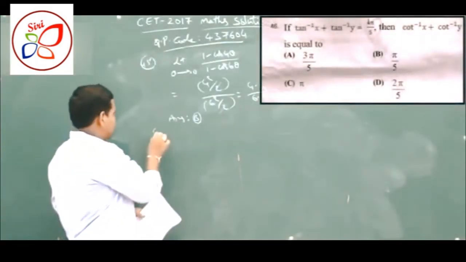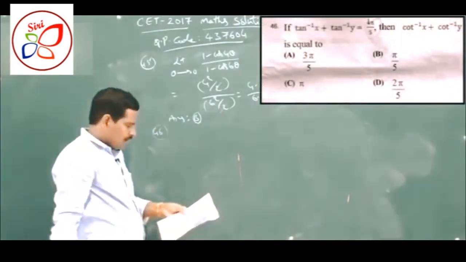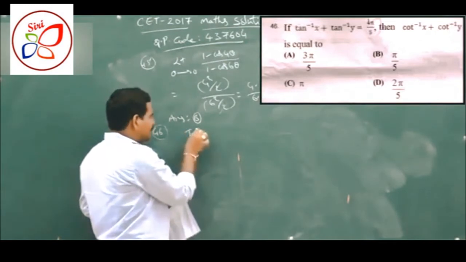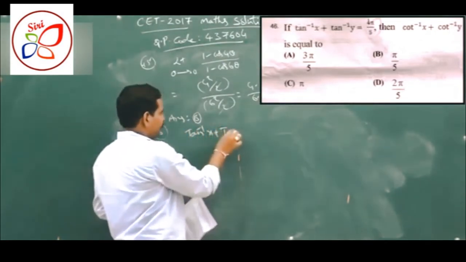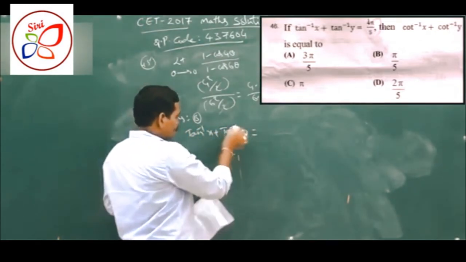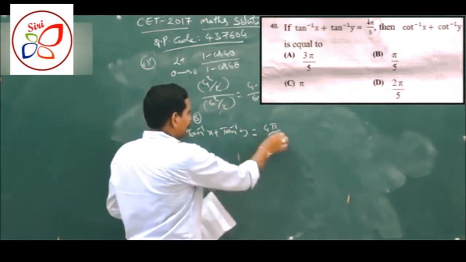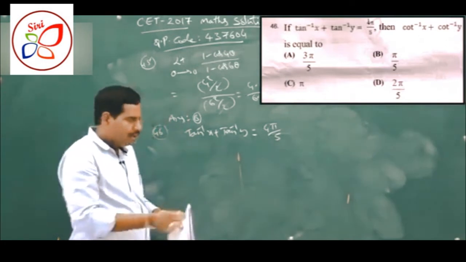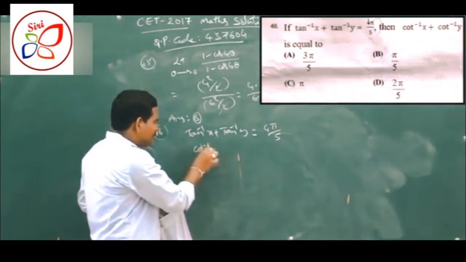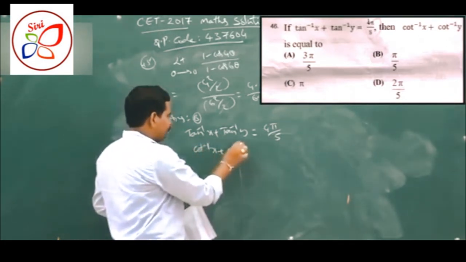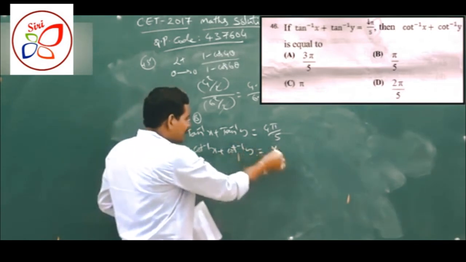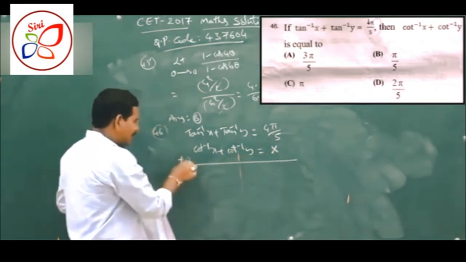Question number 46. Tan inverse x plus tan inverse y is given, its value is 4 pi by 5. What is the value of cot inverse x plus cot inverse y? Suppose its value is x, add them.